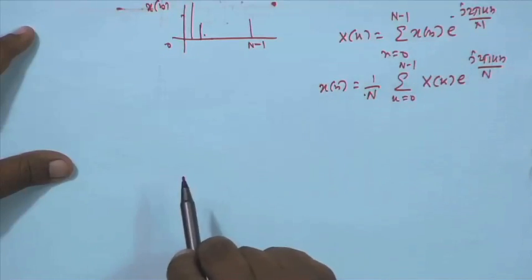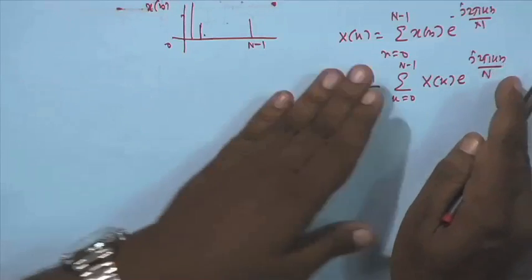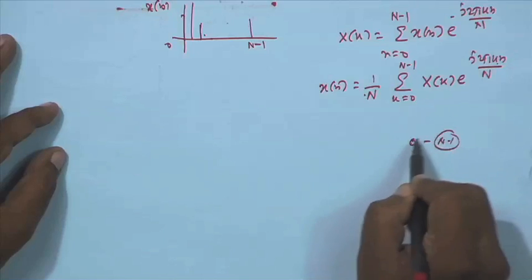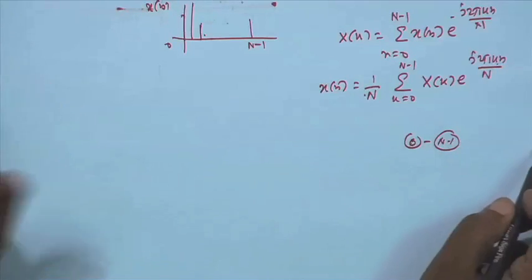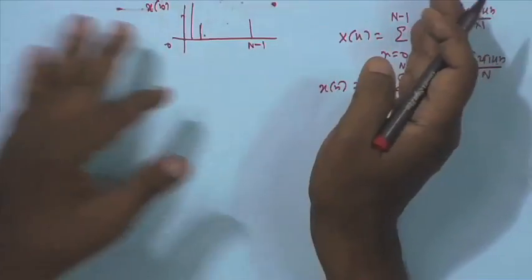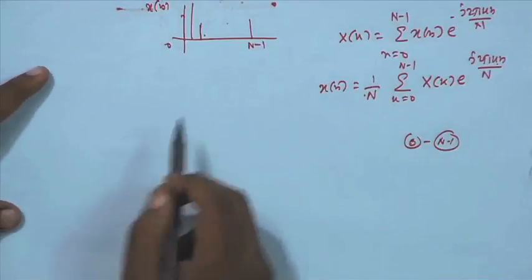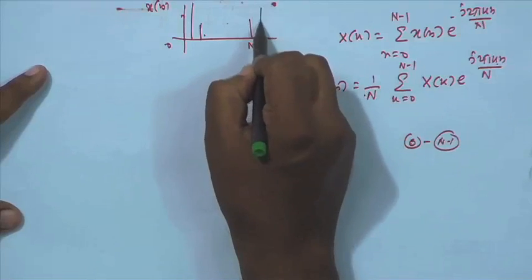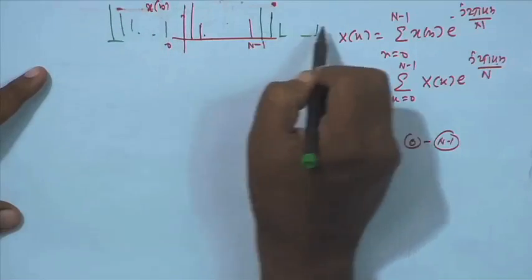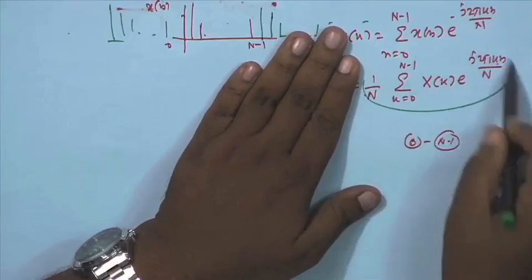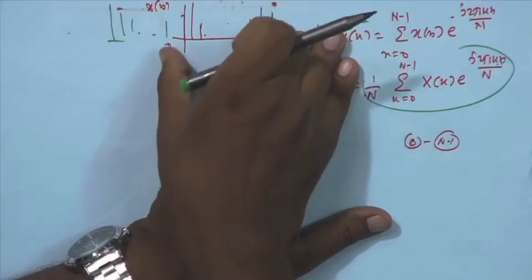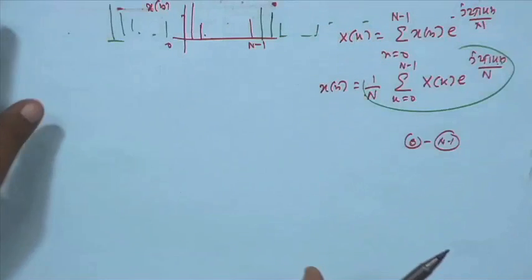Here it is summed over k, and then I said if in this formula I allow small n to go beyond this range, to the right and to the left, from minus infinity to infinity, then that will be a sequence which is nothing but the periodic repetition of this. If in this formula you allow small n to vary from minus infinity to infinity, you will get an infinitely long sequence, which is nothing but the periodic repetition of this.